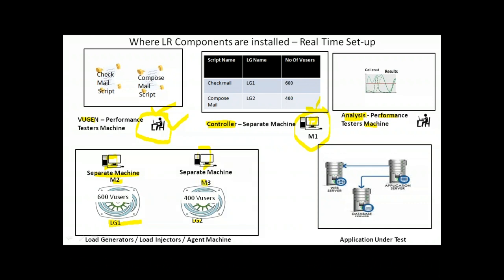Machine 1 is used for the controller, machine 2 for LG1, and machine 3 for LG2. So you have M1, M2 and M3, three separate machines. If you have more LGs, you make more machines and install the LG software on them, and you can have as many LGs as you want.